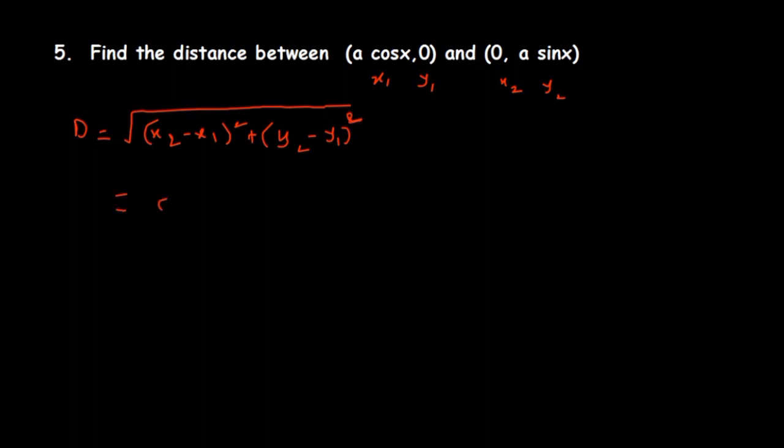What is x2 here? This is 0 minus x1, a cos x. And y2 minus y1, a sin x minus 0 whole square.